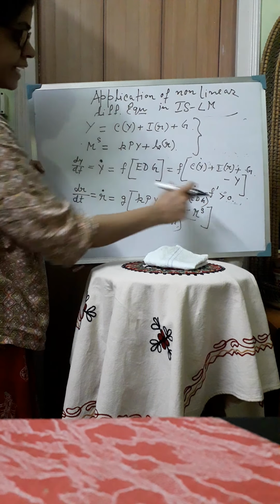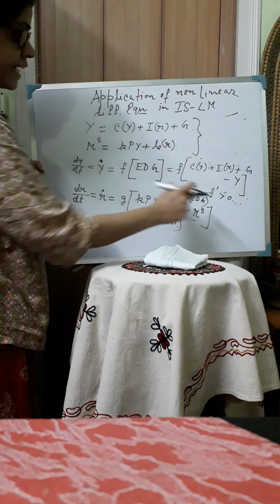So then we are getting G dash within bracket Kp dy plus L2 dash dr. Now from here we are getting G dash Kp dy is equal to minus G dash L2 dash dr. So from here we are getting dr dy is equal to minus Kp divided by L2 dash, and the condition is R dot is equal to 0.